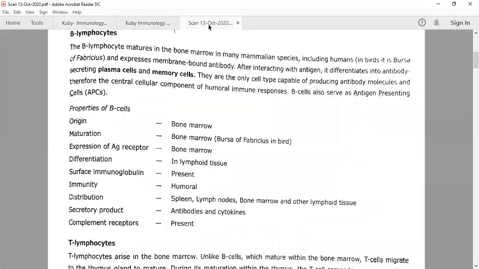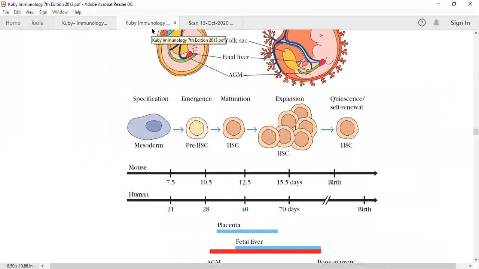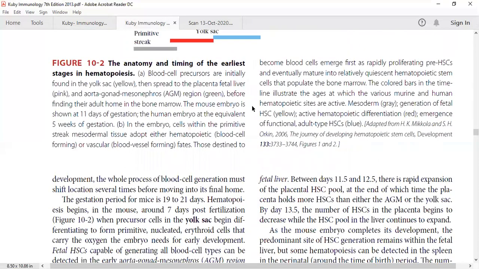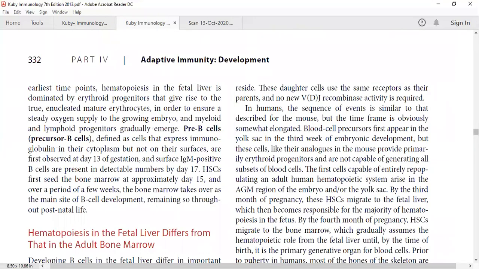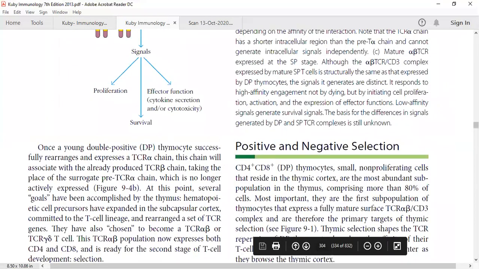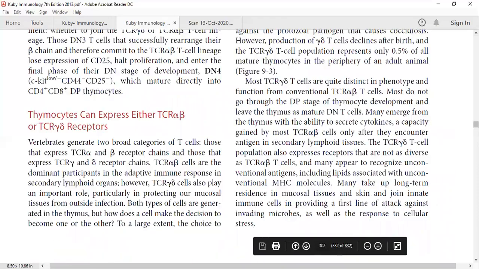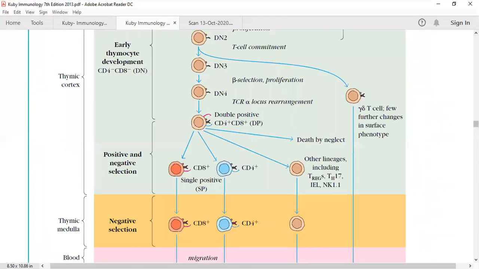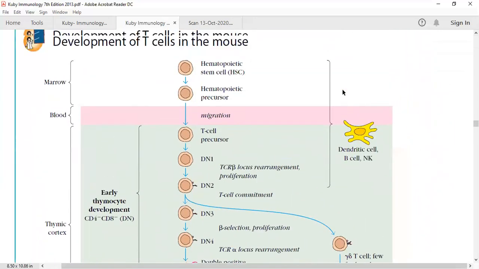So we will move to page number 305. All right, so actually this is another chapter, but it is a detailed discussion of how the T cells are maturing.